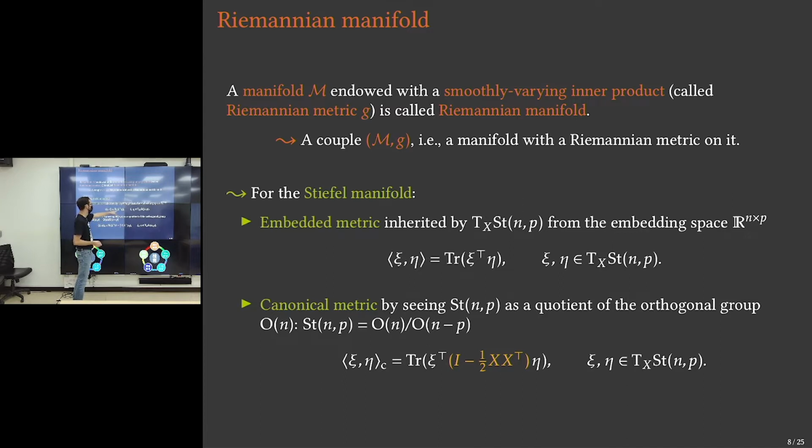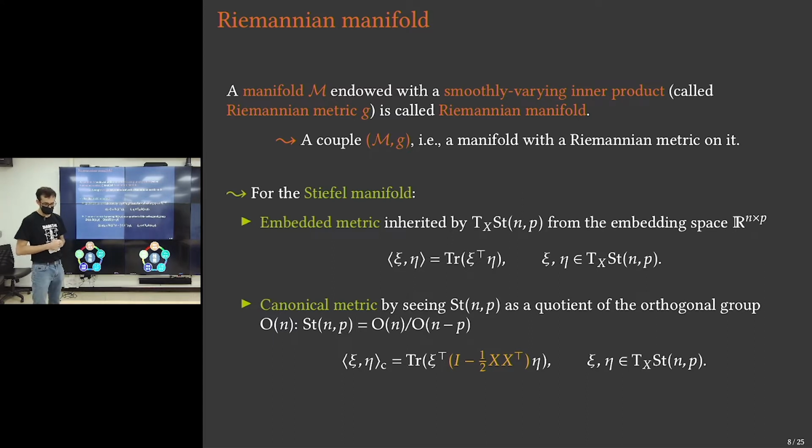This is the Euclidean inner product for matrices. Sometimes it's called the Frobenius inner product because it induces a norm called the Frobenius norm, which is just a Euclidean norm for matrices.